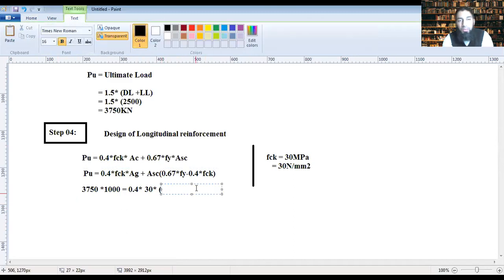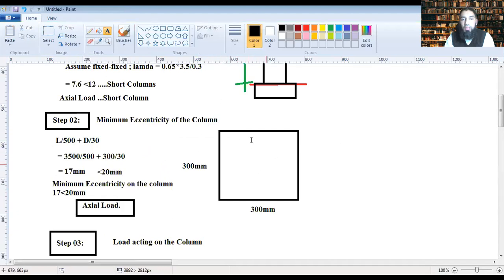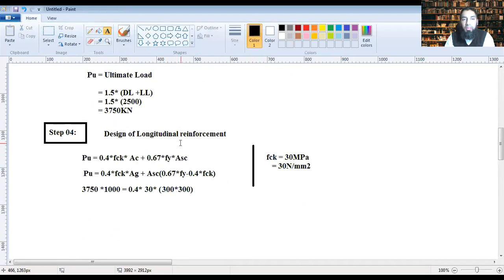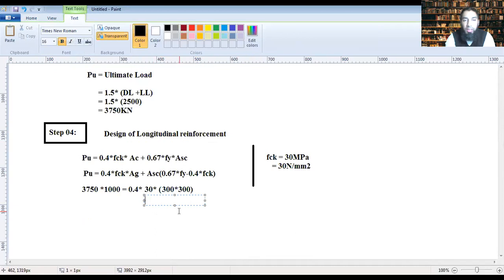AG is your 300 cross 300, the whole gross area of the section, plus you have ASC now, and we do not know the longitudinal reinforcement diameter as of yet.